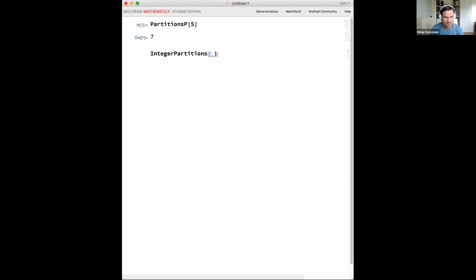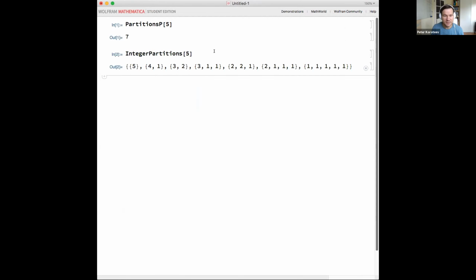It returns you the list of all integer partitions of any number.